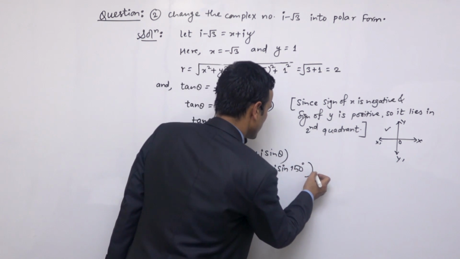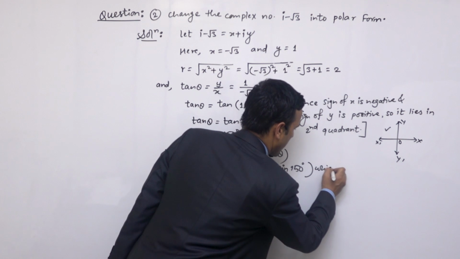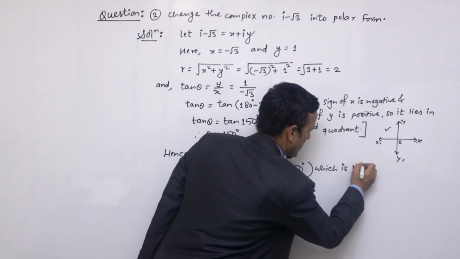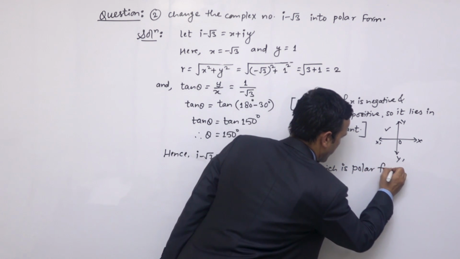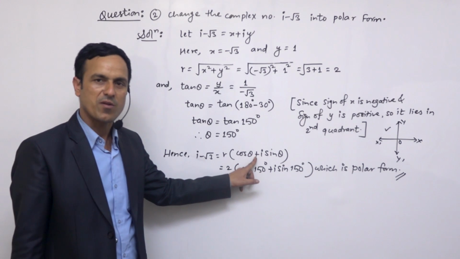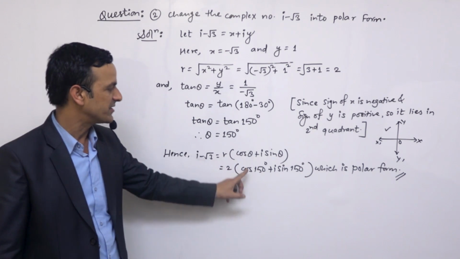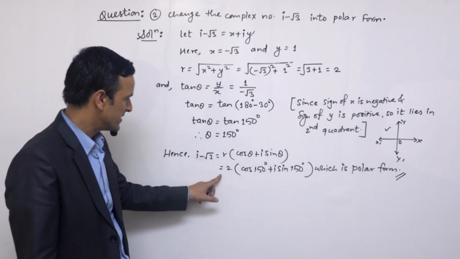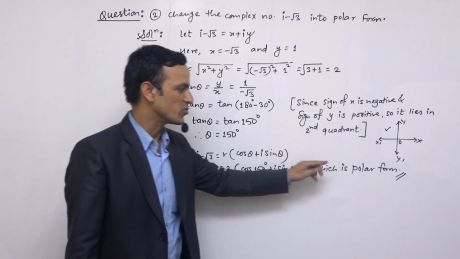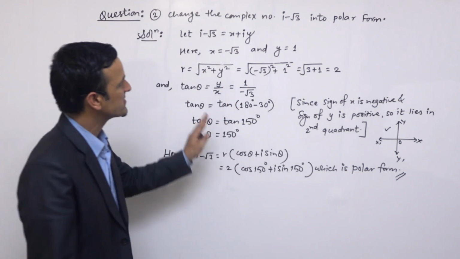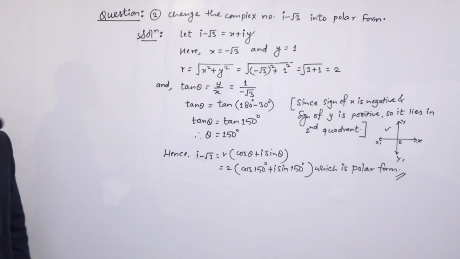So this is a polar form. R र थीटा को फर्म नै पोलर फर्म हो। हामीले r र थीटा को ठाउँमा भ्यालु यसरी पुट गरेपछि this equation converted into polar form. So in this way we can solve any complex number into polar form.